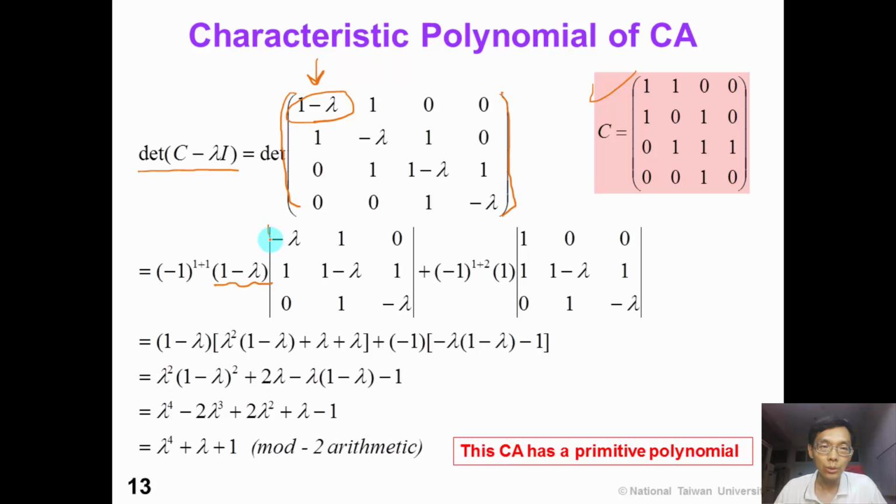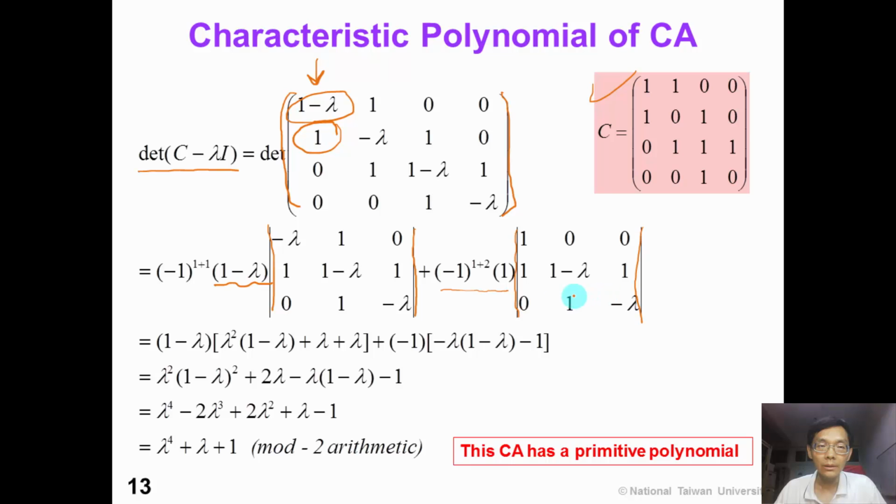And then we have a minor matrix by crossing out the first row and first column. And then we can do it again for the second element in the first column. We would have this expansion and this minor matrix.